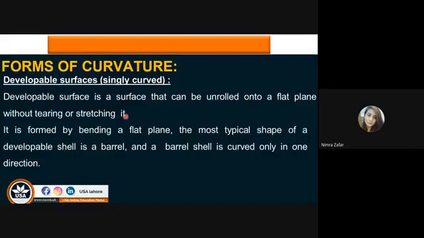If we unroll a developable surface on a flat plane, it is unrolled without any tearing or having a stretch in it. It is formed by bending a flat plane. The most typical shape of a developable shell is a barrel, and a barrel shell is found only in one direction.